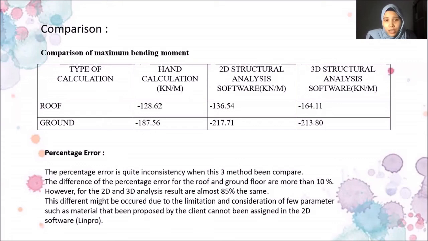However, the 2D and 3D analysis results are almost 85% the same. This difference might occur due to the limitation and consideration of a few parameters, such as material proposed by the client, that cannot be assigned or run by the 2D software LinkPro. So that's why it might be a little bit different.